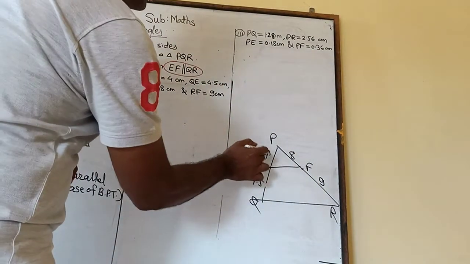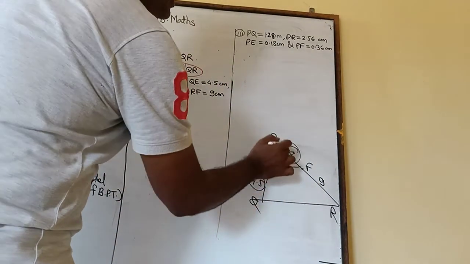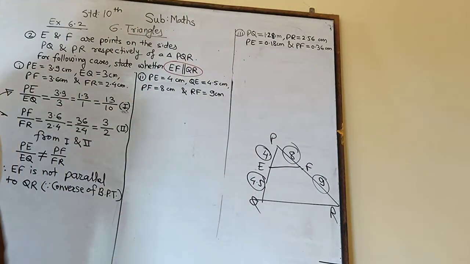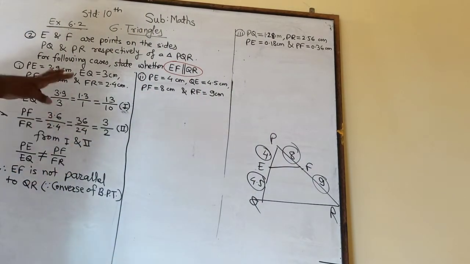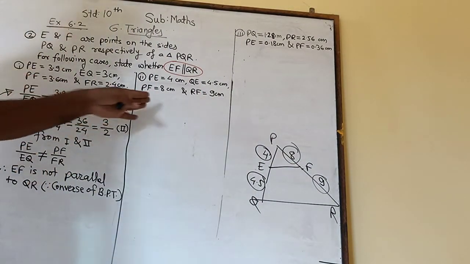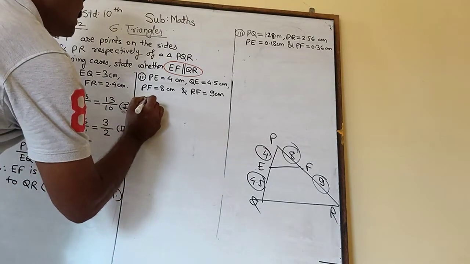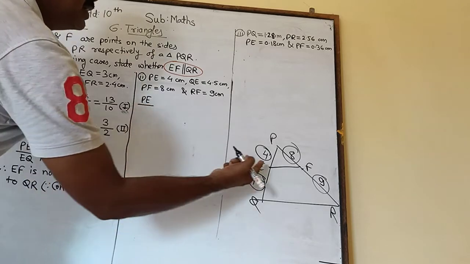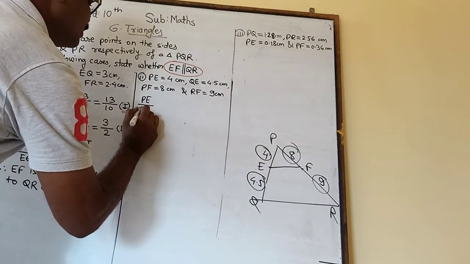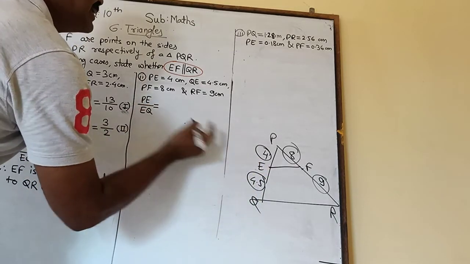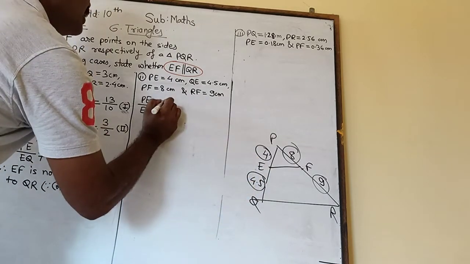Here also students, these 4 parts are given. In a similar way, like the first, we can solve the second one also. Once again I am writing PE upon EQ. So students, it is 4 centimeter, it is 4.5.